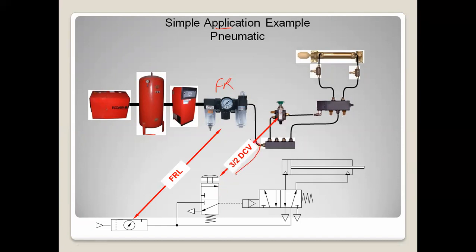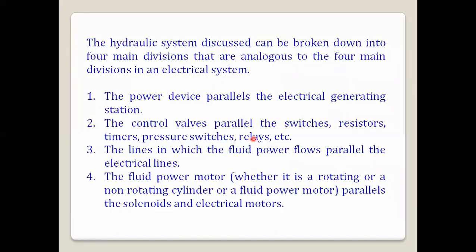Here I am showing the 3x2 DCV, that is 3 ports and 2 positions. Then comes the 5x2 DCV, which means 5 ports and 2 positions. All these direction control valves we will study in detail in the third unit.